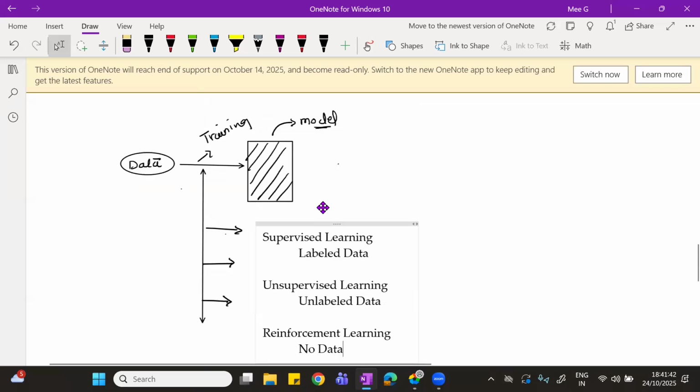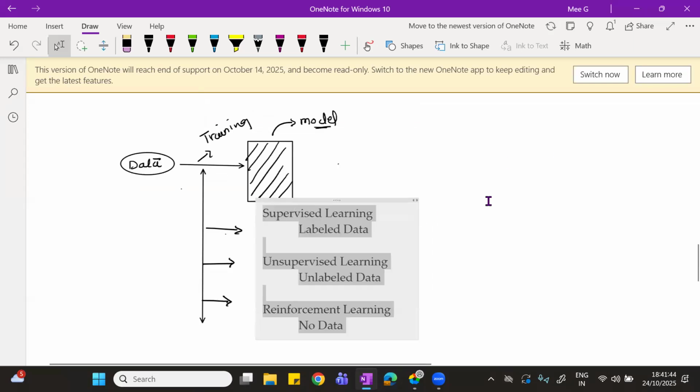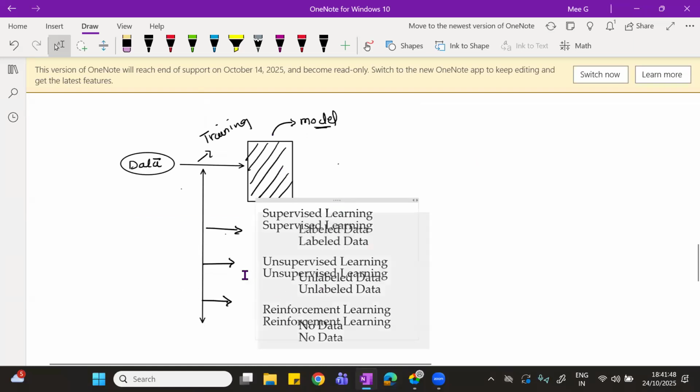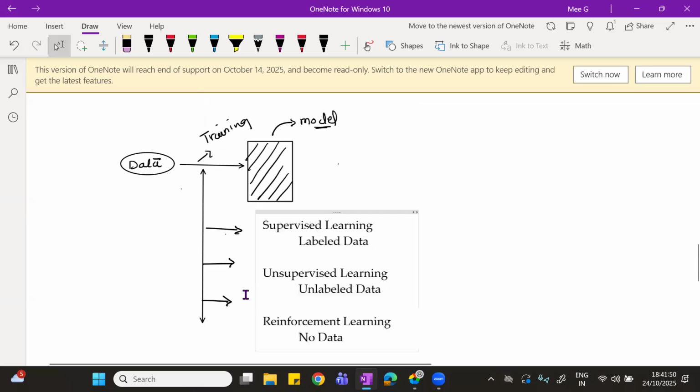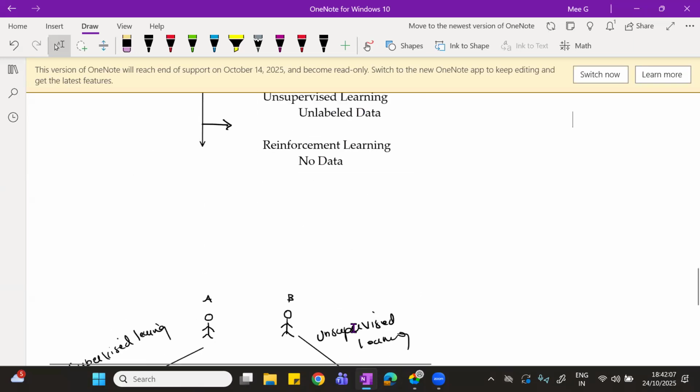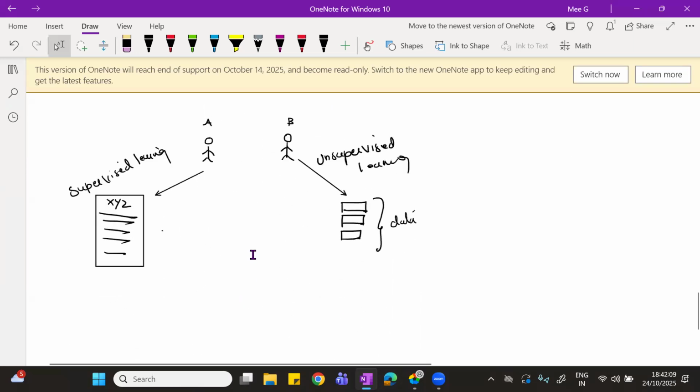There's no particular data for it. What is labeled data, we will see as we move forward, but you can take it as data with column labels and all those things. That is called labeled data. This is unlabeled data, and there is no data at all.